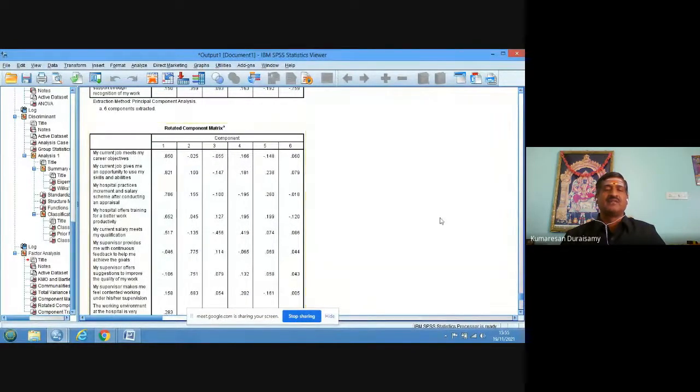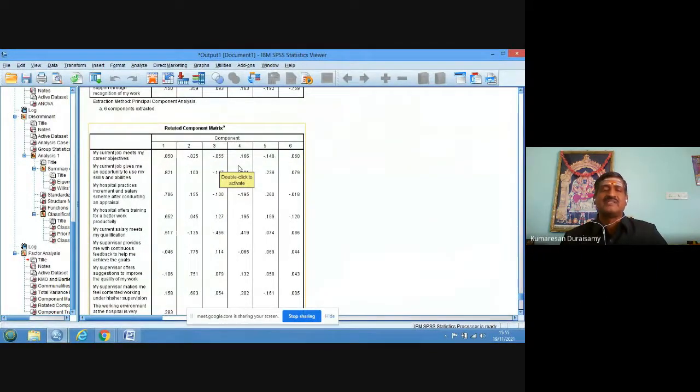0.85, 0.821, 0.786, 0.652, 0.517, like that. Why have we used sort by size? Look at this, 0.850, minus 0.025, minus 0.055, 0.166, minus 0.148, minus 0.06.